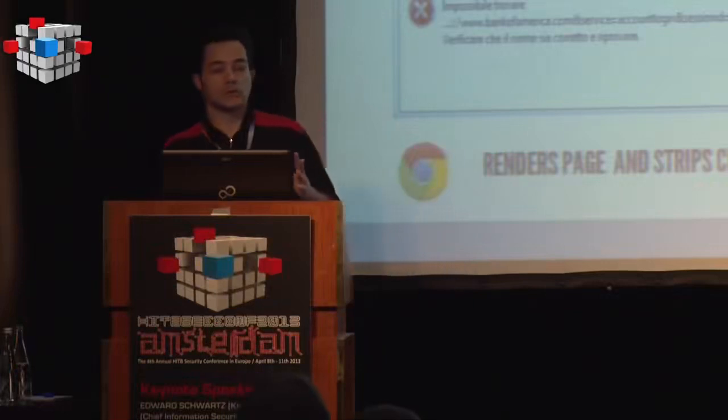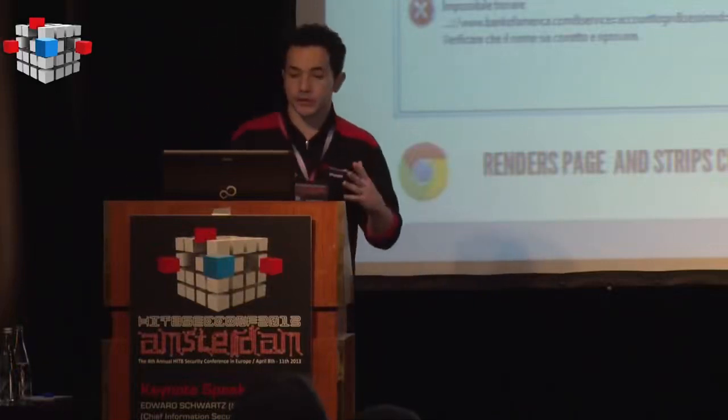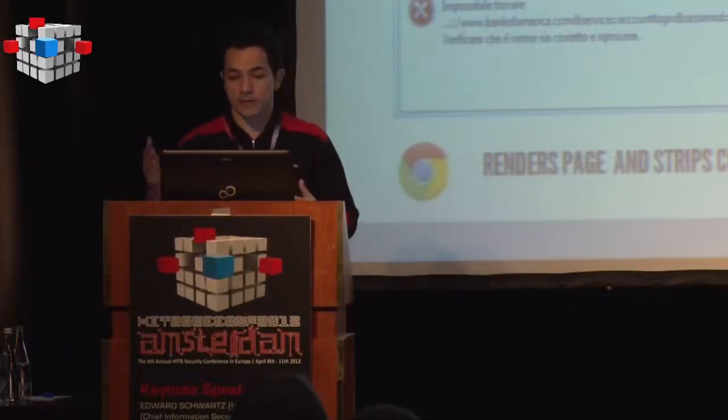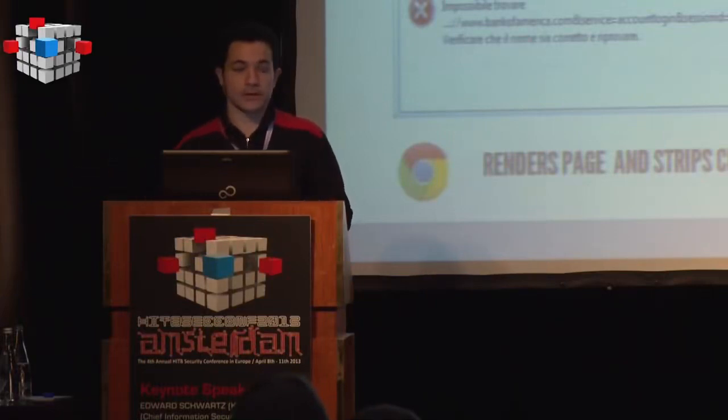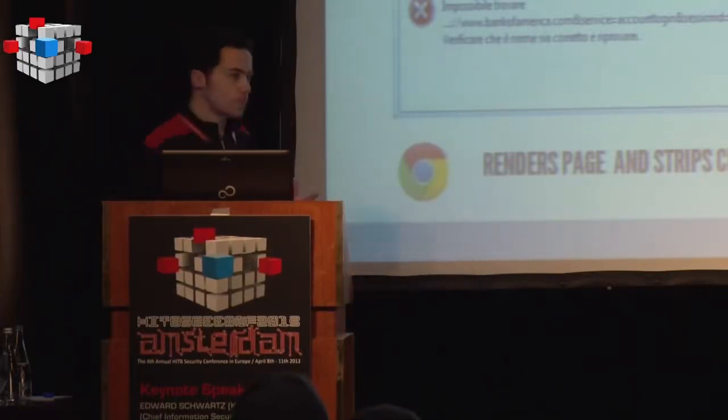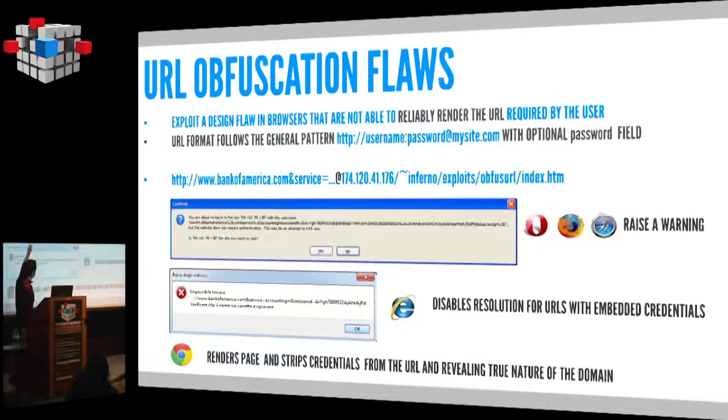And so the general pattern is HTTP, username, colon, password, and domain, where password is an optional field. So when a victim is tricked into following a URL like this, there is basically a gap between the user perception of the URL and the browser parsing of the URL. So the user is led to believe he's going to visit bankofamerica.com, while actually, after parsing, the browser results in navigation to that IP.